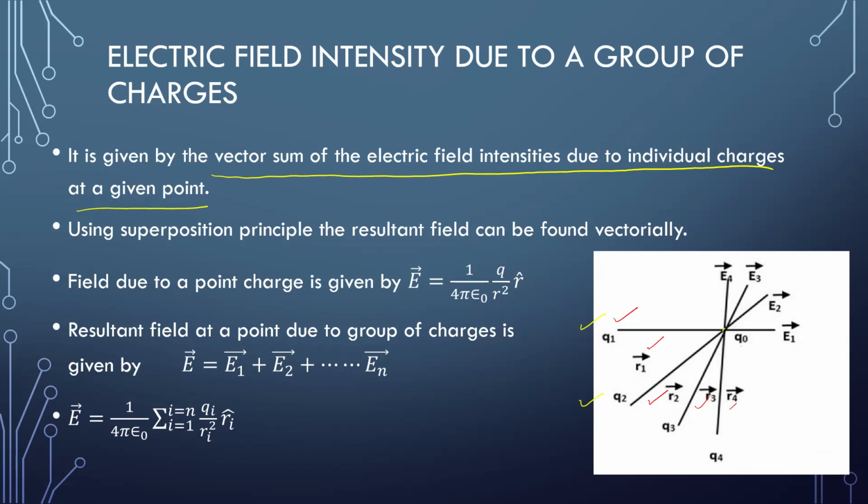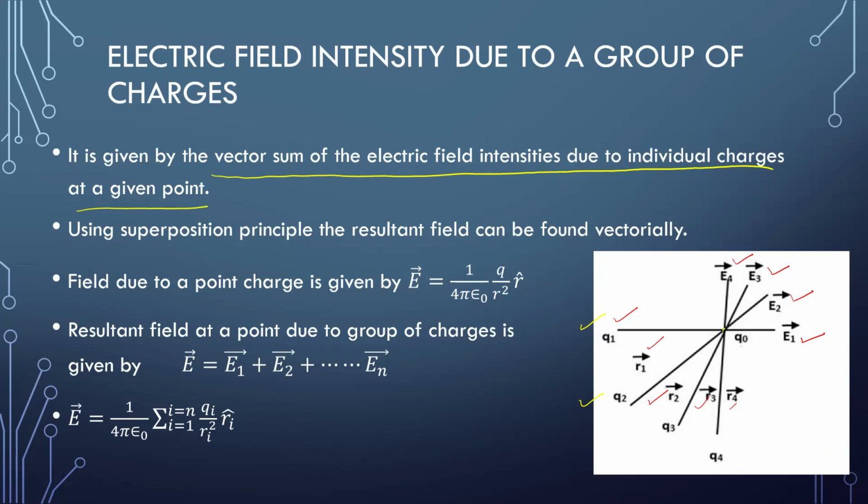Because Q1, Q2, Q3, Q4 are all considered to be positive charges, the fields will all be directed away from these charges. So this is the direction of E1 vector, E2 vector, E3 vector, and E4 vector. And due to a point charge, we have already written down the field just now, that is, E vector is equal to 1 upon 4 pi epsilon naught Q upon R square R cap.